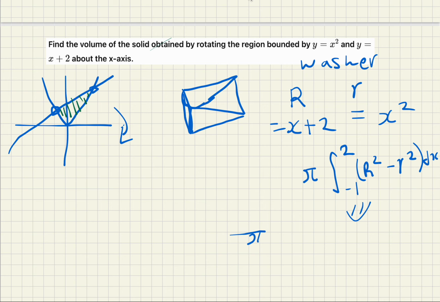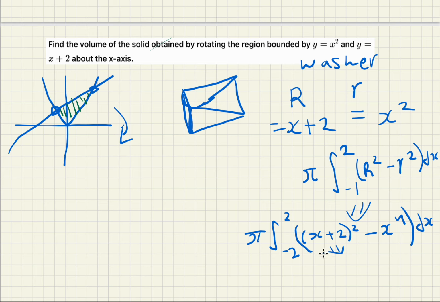Pi times the integral from negative 1 to 2. R in this case is x plus 2. So (x plus 2) squared minus lowercase r, which is x squared, and x squared to the power of 2 is x to the power of 4, dx. Now that you've got all of that, we can just integrate this.